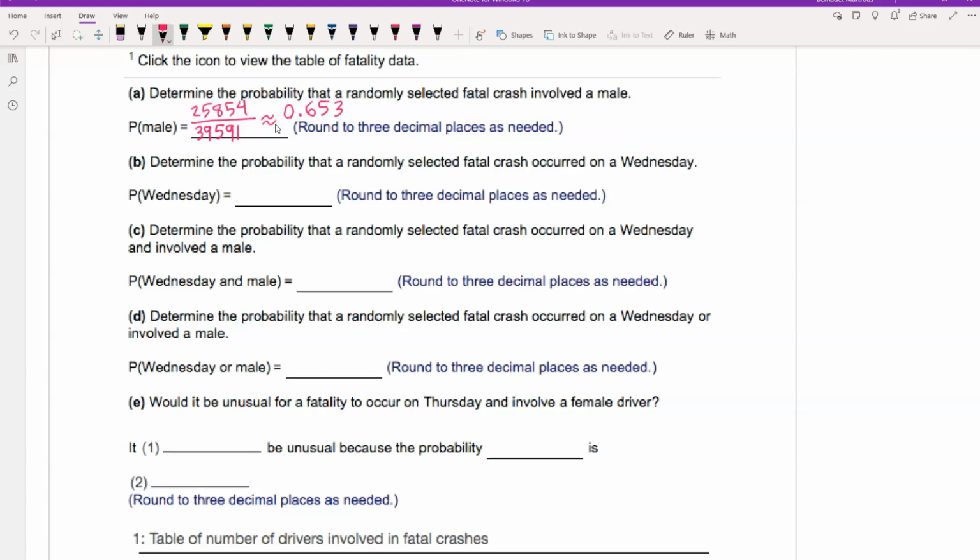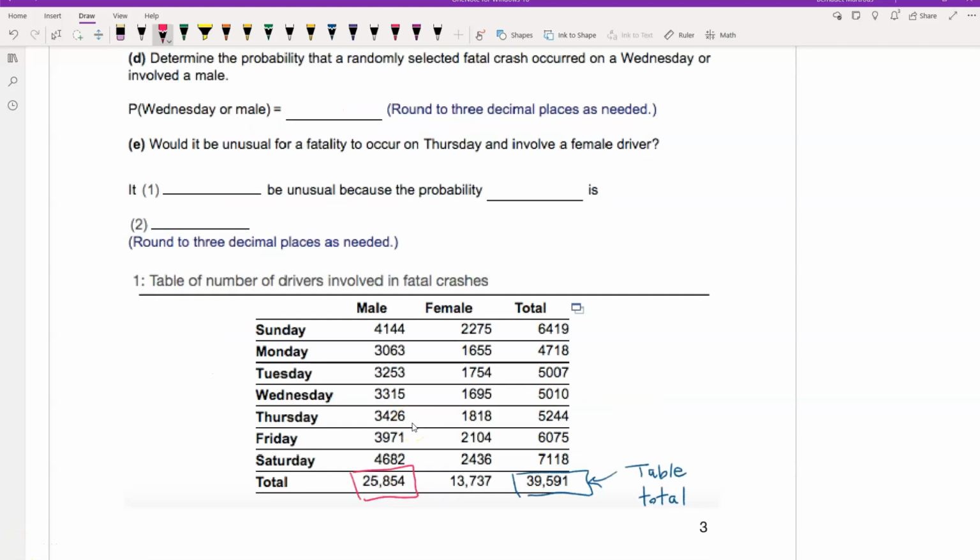Part B, probability of Wednesday. When we're trying to find these, the denominator will not change. Our denominator is always the table total, so the same number, but the numerator changes based on what event is given.